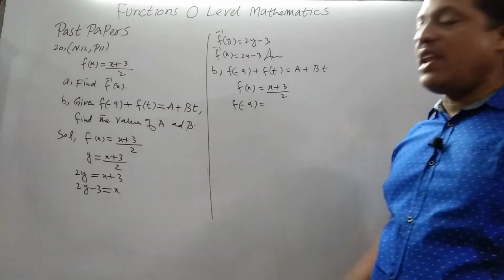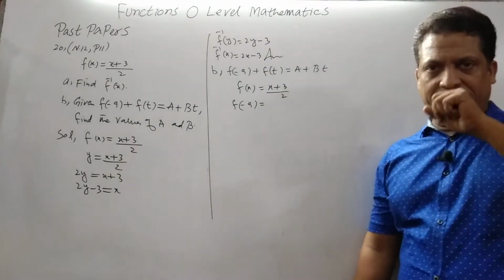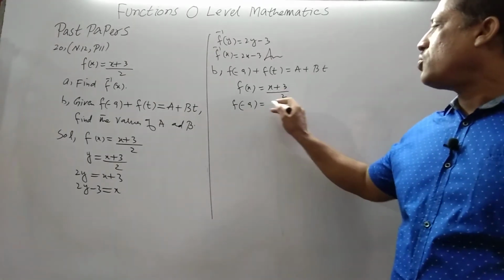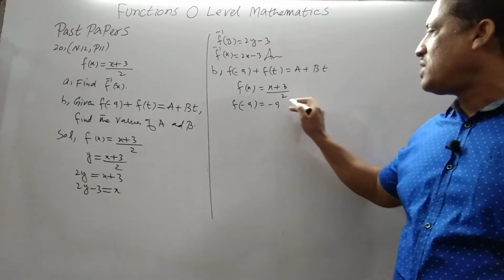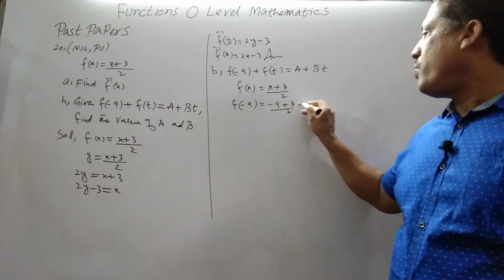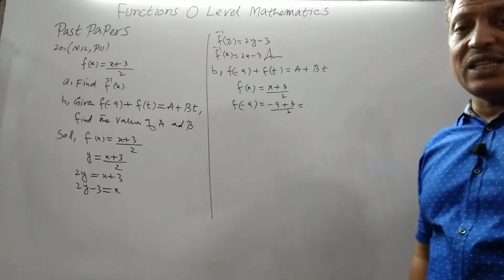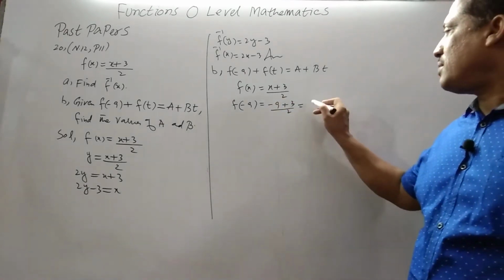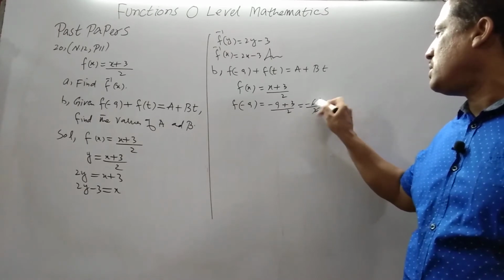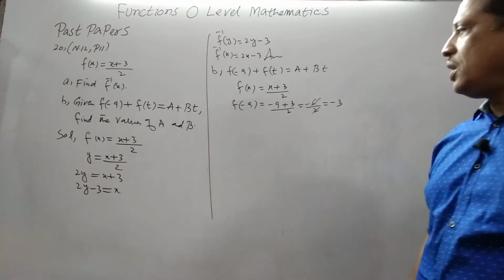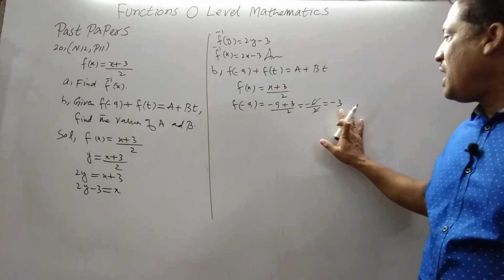For f of minus 9, we put minus 9 where we see x. So x is minus 9, plus 3, over 2. Minus 9 plus 3 is what? Minus 6. Minus 6 over 2 is minus 3, since 2 3s are 6. So f of minus 9 is minus 3.